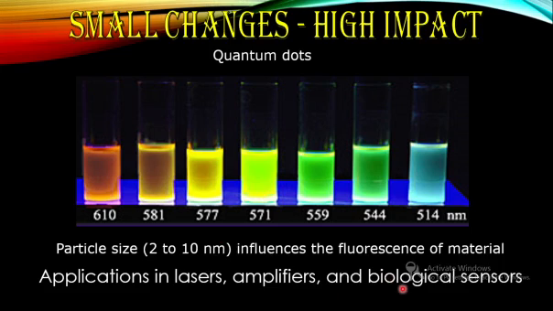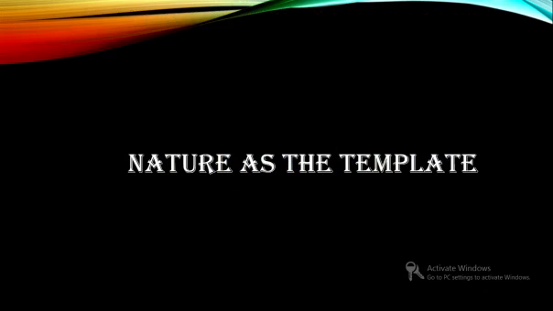It can also act as a biological sensor: when a material gets attached to the sensor, the size changes, and correspondingly it behaves in different colors. So that can also be employed as a sensor.